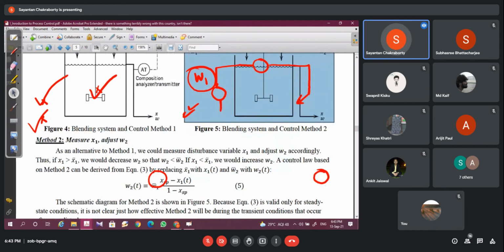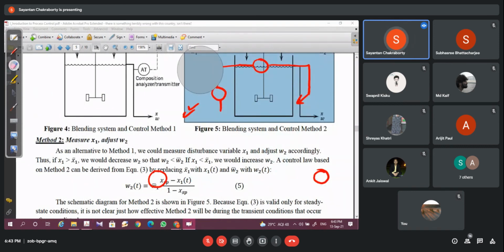Until you generate a definitive control law like equation 5, you cannot apply feed-forward control. And the mathematical model on which you are developing this control law should be accurate to that level. Otherwise, there will be discrepancies and you will never achieve that level.